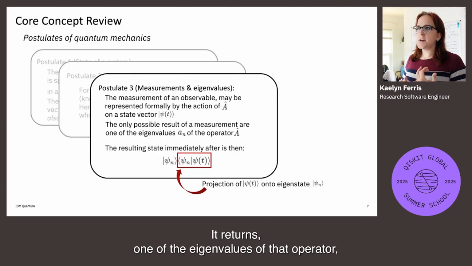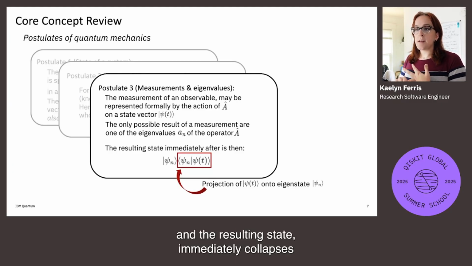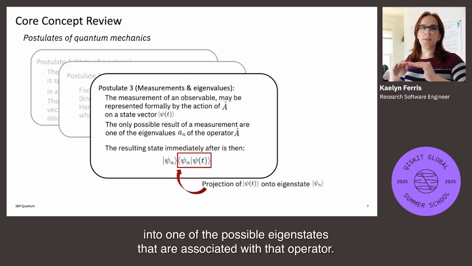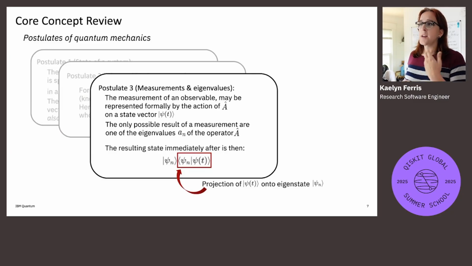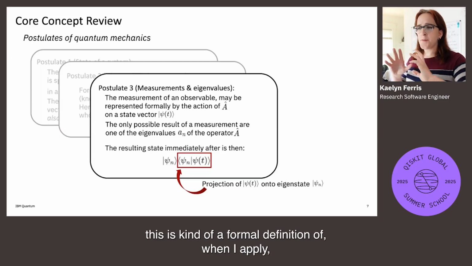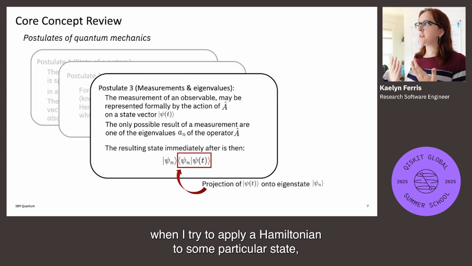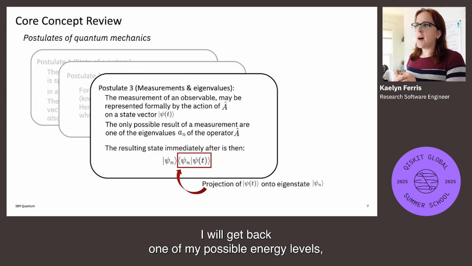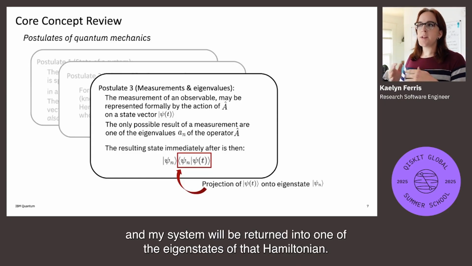It returns one of the eigenvalues of that operator, and the resulting state immediately collapses into one of the possible eigenstates associated with that operator. So, for example, you can think about this as a formal definition of when I try to apply a Hamiltonian to some particular state, I will get back one of my possible energy levels, and my system will be returned into one of the eigenstates of that Hamiltonian.